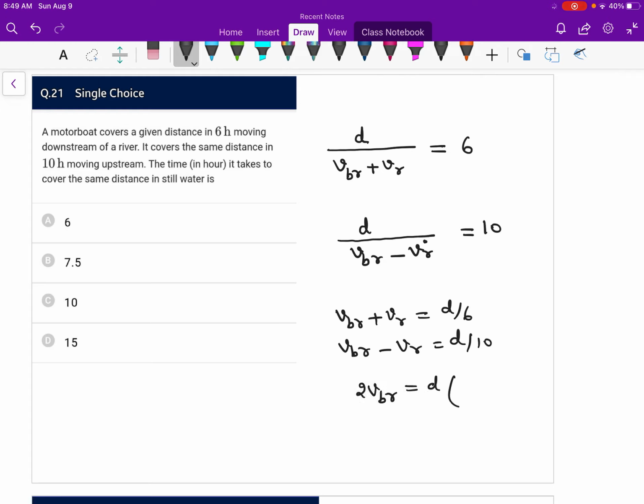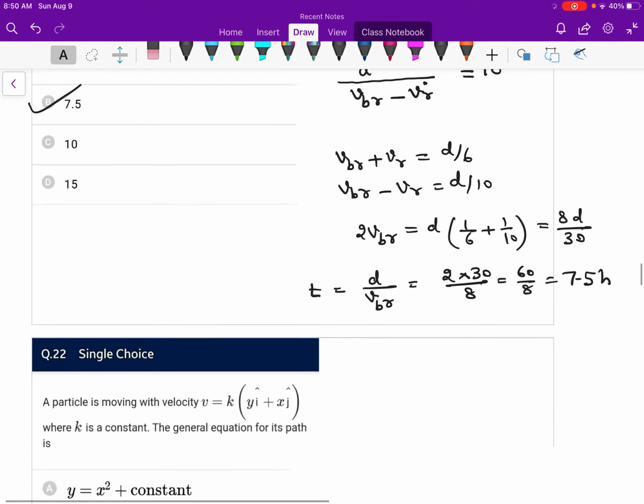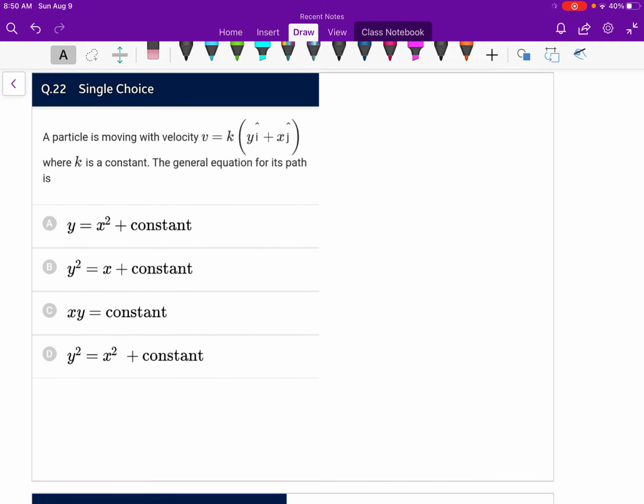So 2 VBR is D times (1 by 6 plus 1 by 10), that is 8 D by 30. So D upon VBR, which is the time taken to move in still water, is 2 into 30 by 8, which is 60 by 8, which is 7.5 hours. So B is the correct option.